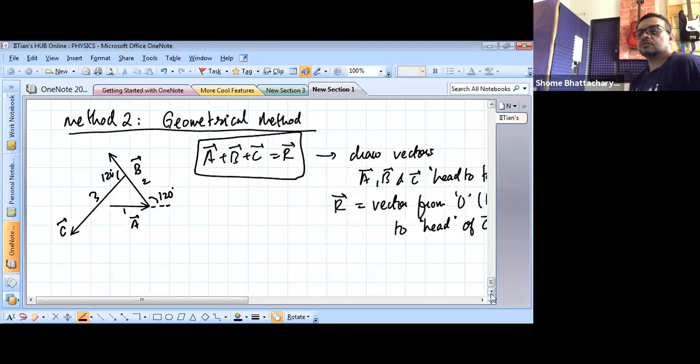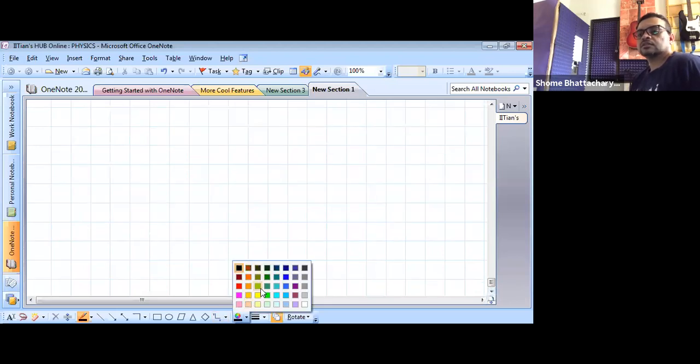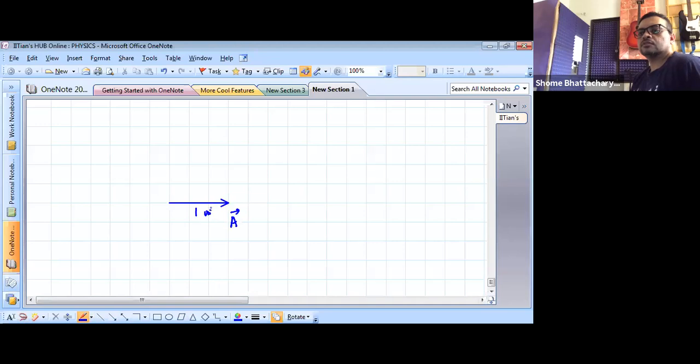So to draw them this way, we'll have to make a figure like this, where this is our first vector E. So magnitude 1 unit. Then in comparison, our vector B will be like this.